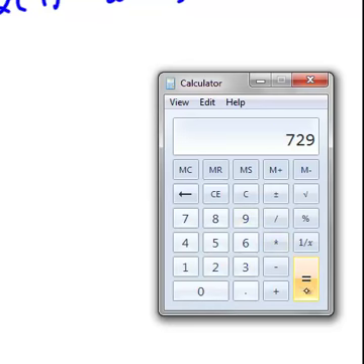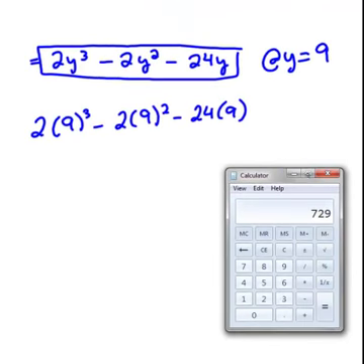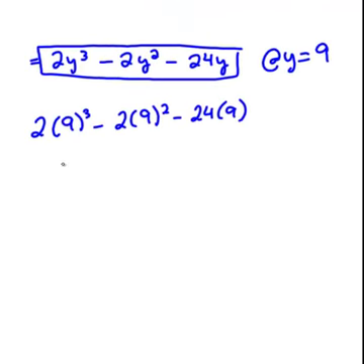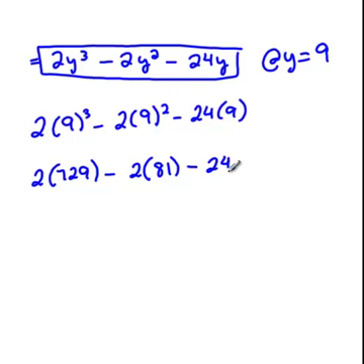Using my calculator to help me out, it's 729. So I'll go ahead and write that out first, following order of operations. 2 times 729 minus 2 times, I do have 9 squared memorized. 9 times 9 is 81, minus 24 times 9.